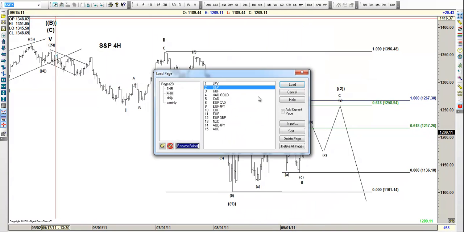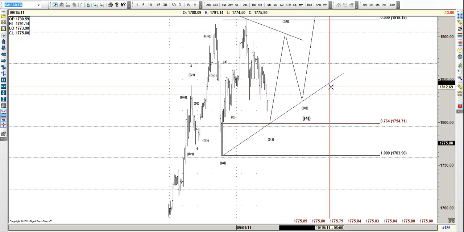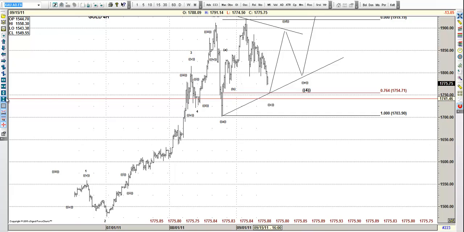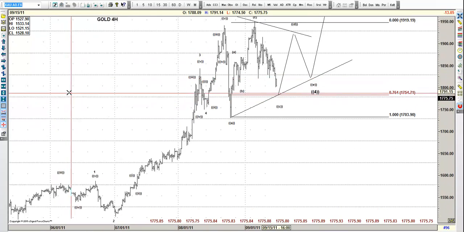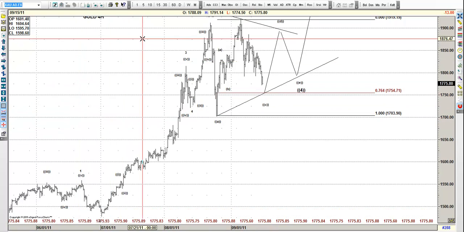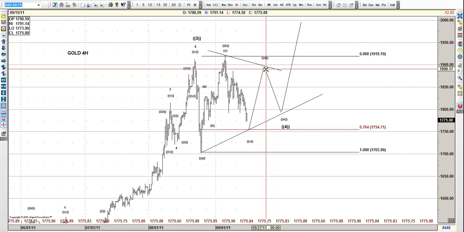Another thing that is pointing to that is gold. And gold, I told you guys the other day, is seen as a symbol of risk aversion. This move on the D wave in gold is going to be risk aversion. You know when you're going to start buying the dollar?